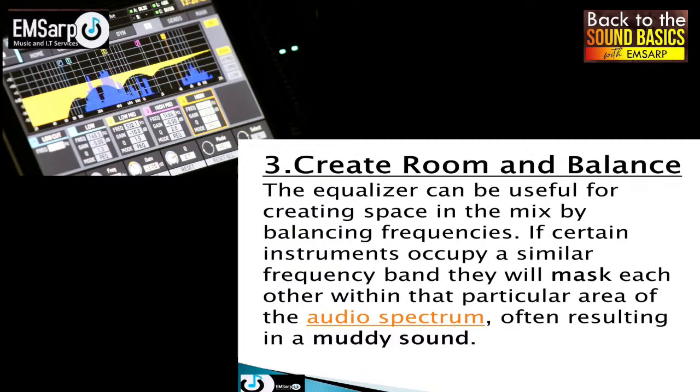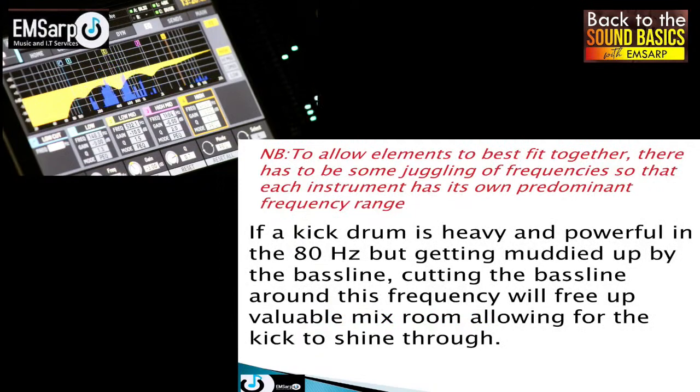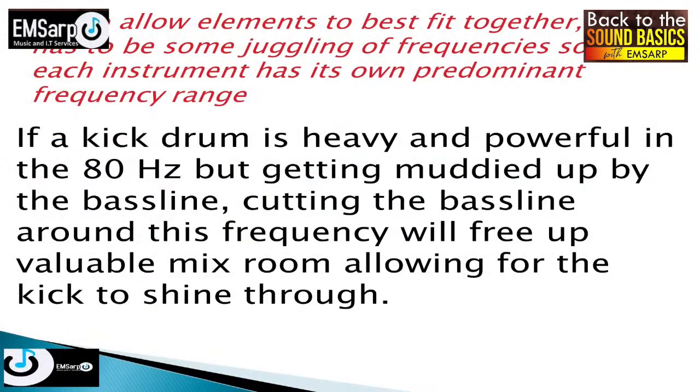Let's continue. Note that to allow instruments to best fit together, there has to be some juggling of frequencies so that each instrument has its own predominant frequency range. And as I've said, in the coming days, we'll be looking at some of these things visually with a band, let's say a 3-piece band, playing in the studio where we analyze everything.